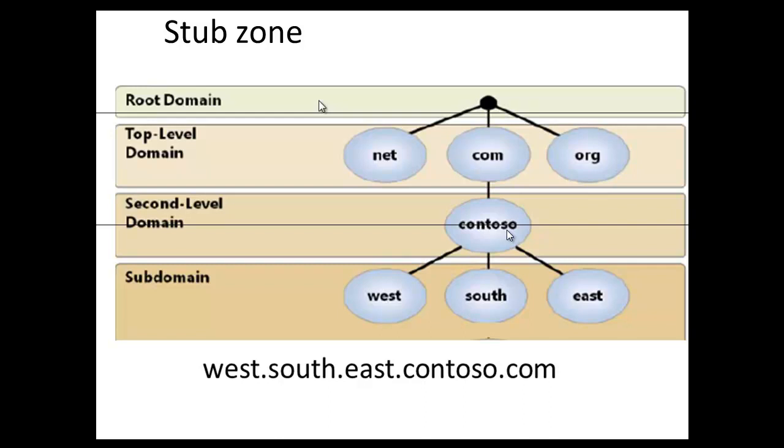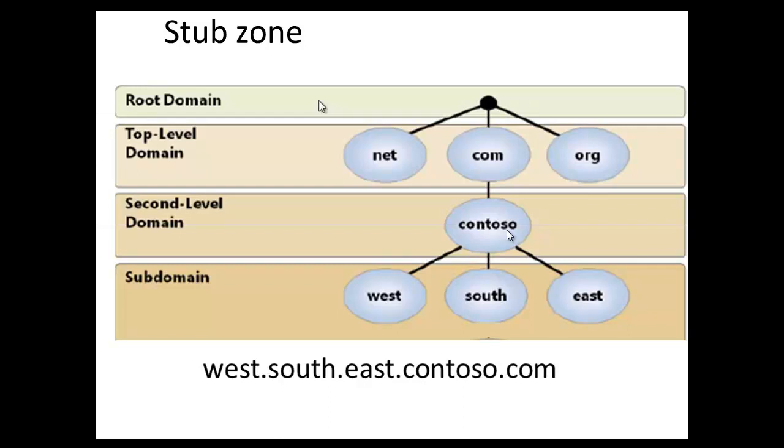So in this case, you would need a stub zone because remember, the stub zone is going to host all the names of the DNS authoritative servers for both namespaces.